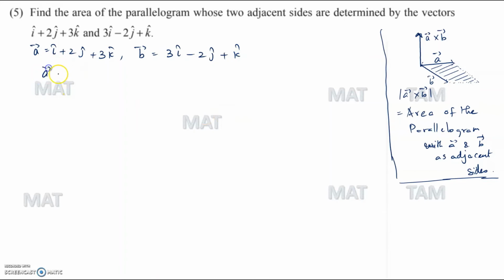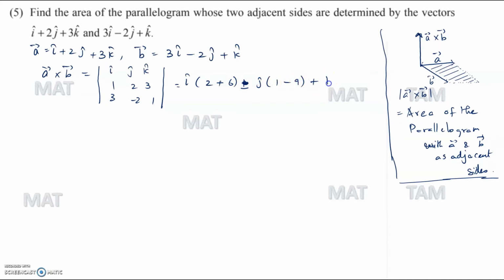So A vector product with B is equal to the determinant of i cap, j cap, k cap, 1, 2, 3, 3 minus 2 and 1, which is equal to i cap into 2 plus 6 plus minus j cap into 1 minus 9 plus k cap into minus 2 minus 6.